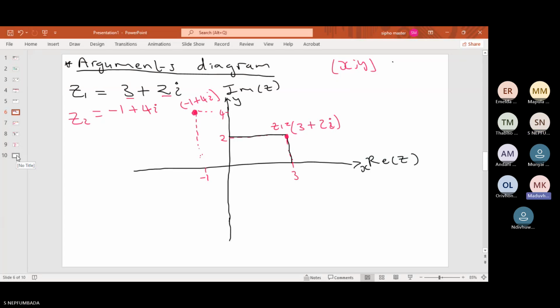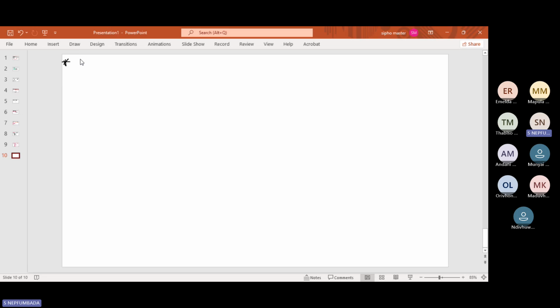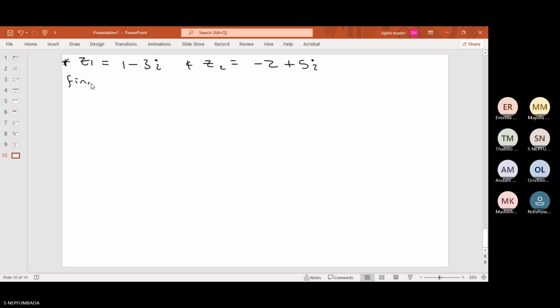Yes, thank you. So guys, let's say now you are given your Z1 as nothing but equal to 1 minus 3i, and Z2 is nothing but equal to minus 2 plus 5i, and they say find Z1 Z2 divided by Z1 plus Z2.